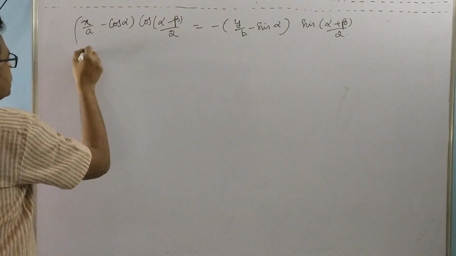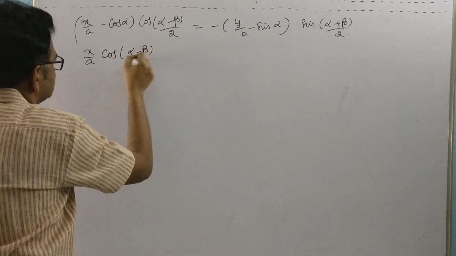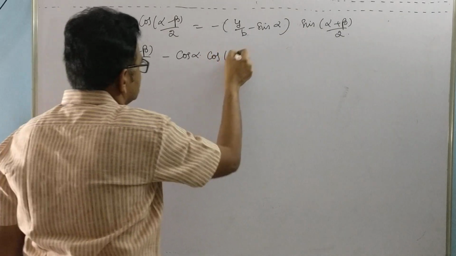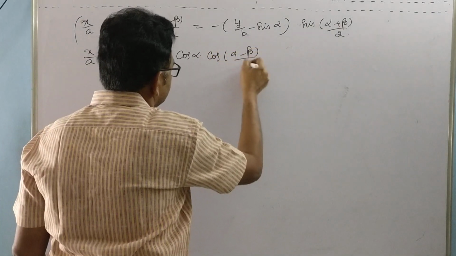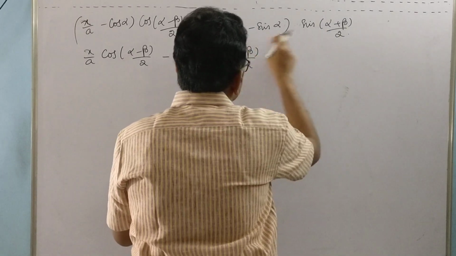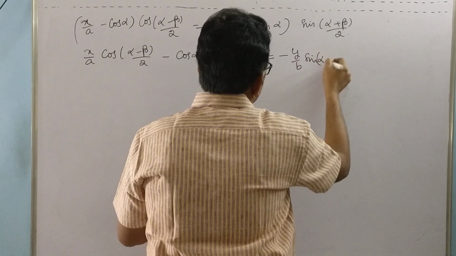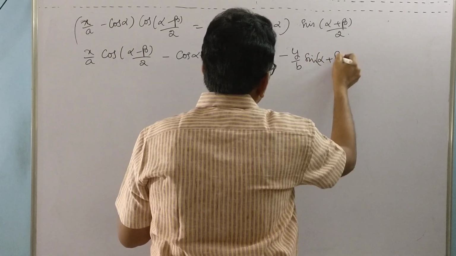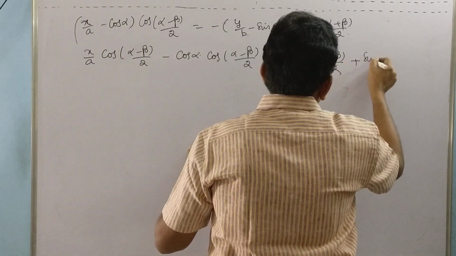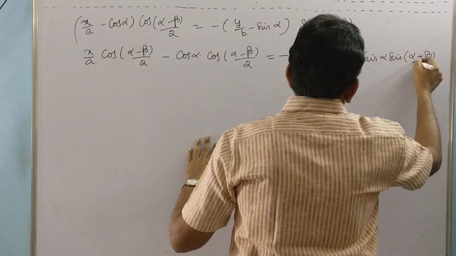Multiplying these two, x by a cos of (alpha minus beta) by 2 minus cos alpha into cos of (alpha minus beta) by 2 is equal to minus y by b into sin of (alpha plus beta) by 2, and minus into minus plus, sin alpha into sin of (alpha plus beta) by 2.